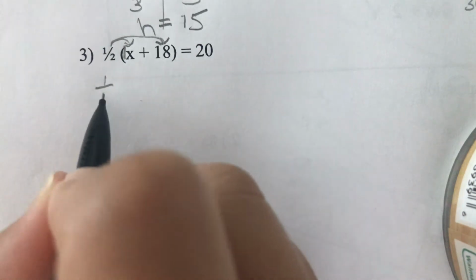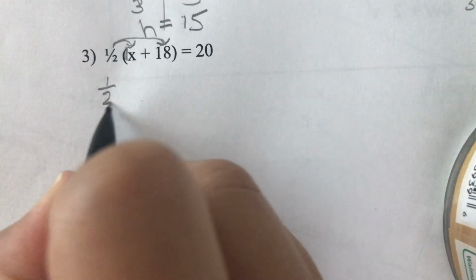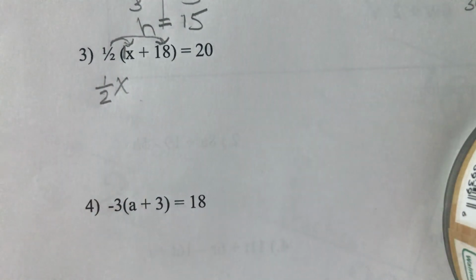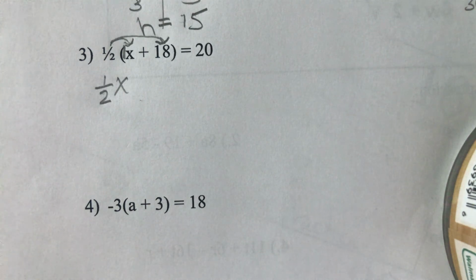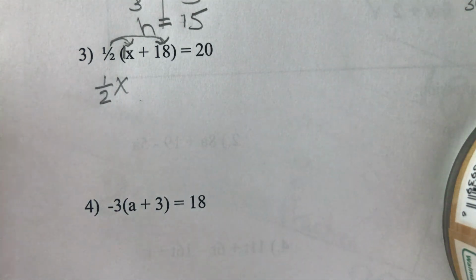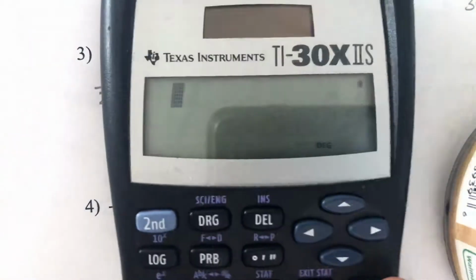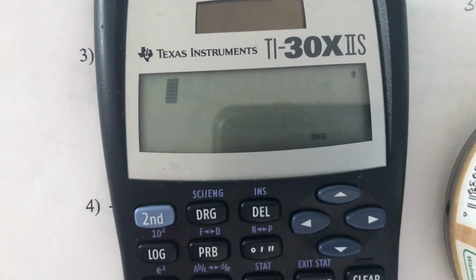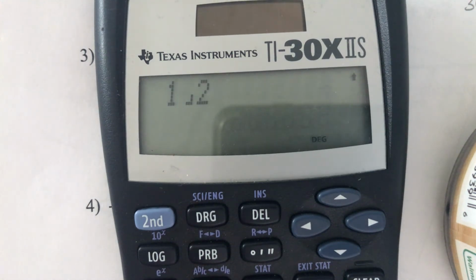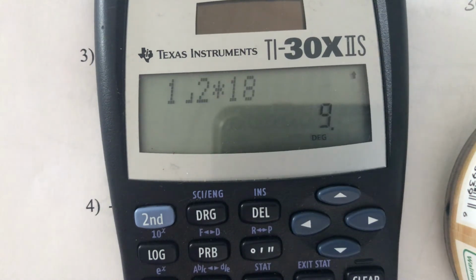So 1/2 times 1x, or 1/2 times x, is just 1/2 x. And now 1/2 of 18. You can punch that in your calculator by using your ABC function. Or what's half of 18? You guys know this. So 1 ABC 2 times 18, half of 18 is 9.